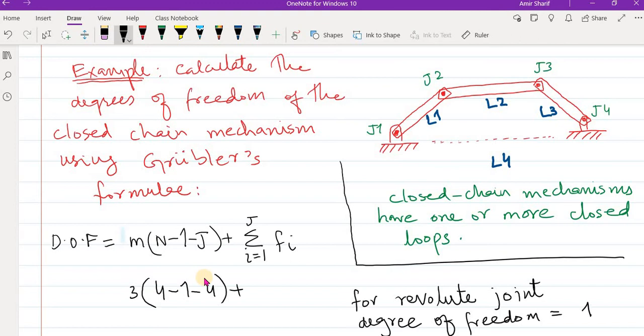So in this case, how many joints do we have? 4 joints, and each joint has a freedom of 1. So we get something like this. This term will become minus 3, plus 4.